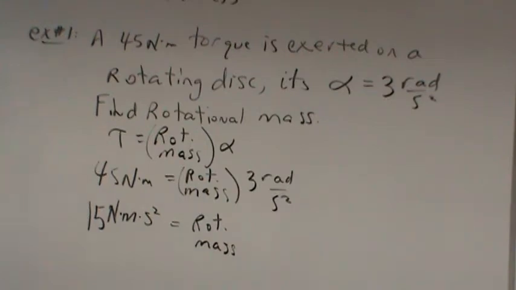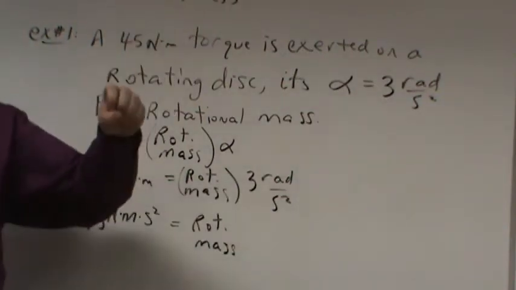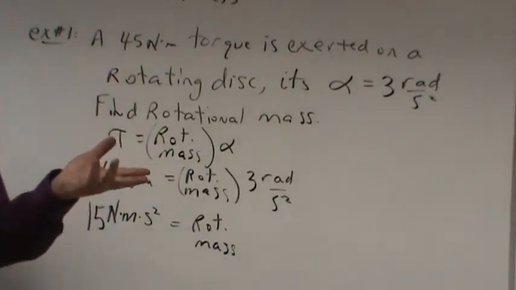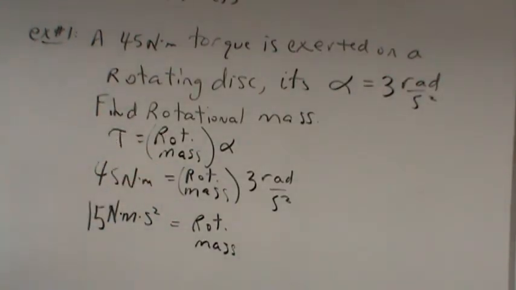Say again, Gavin? None. Yeah, there are none, because radians are just a ratio. S over R, the ratio of two lengths, is what gives you radians, so radians are unitless. So I don't need the radians. Rotational mass has the units of Newton meters times seconds squared. But we can actually simplify this.